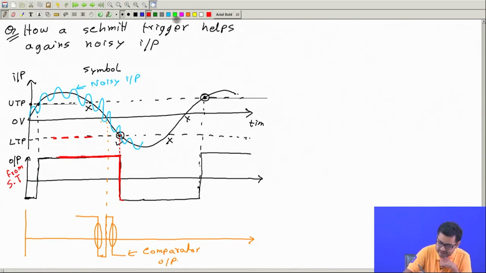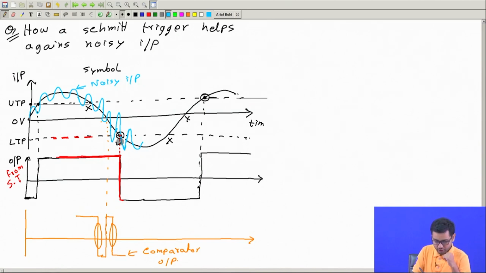Now let me just increase the level of noise a bit. So let me make the input more noisy. I can make it even more noisy. Okay, so you see we have a lot of noise, but will the output change here at this region?